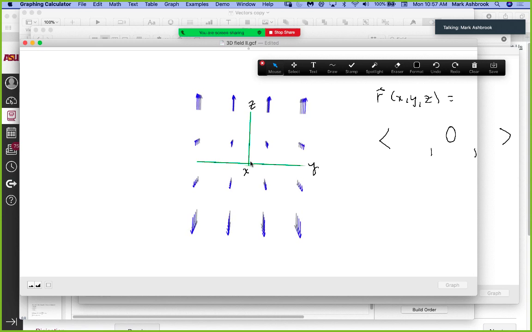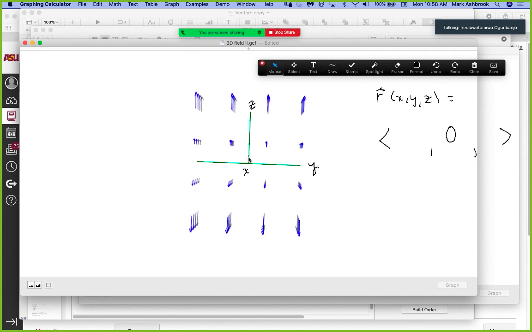As you change the y coordinate, does z change or not? No, z stays the same. As z increases, the component becomes larger in magnitude.